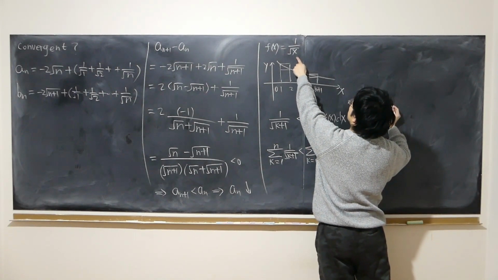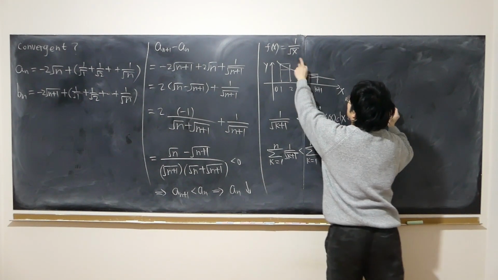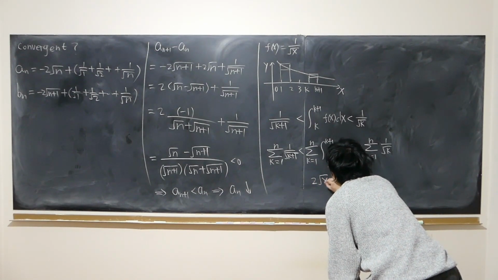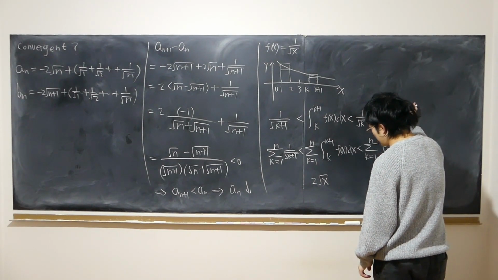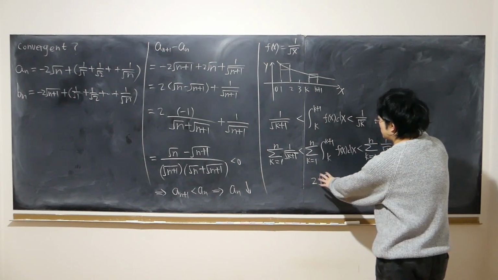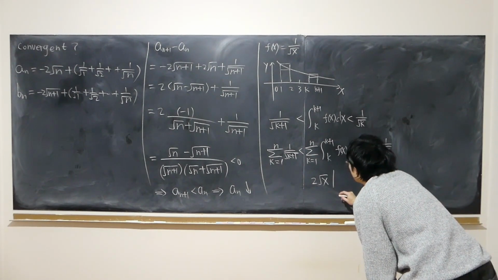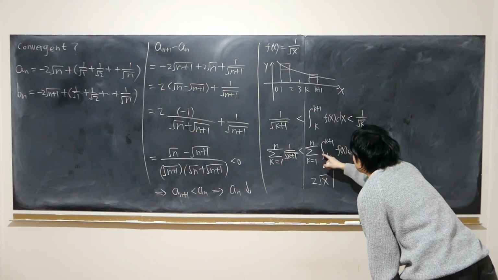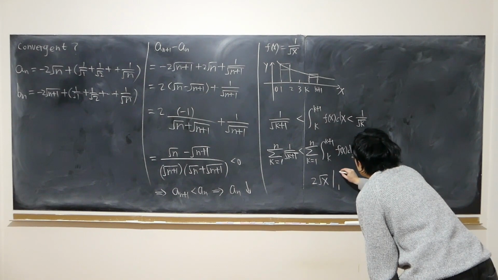Let me just see, twice of square root of x, yes, that's its antiderivative. So I'm going to evaluate from 1 all the way up to n plus 1.